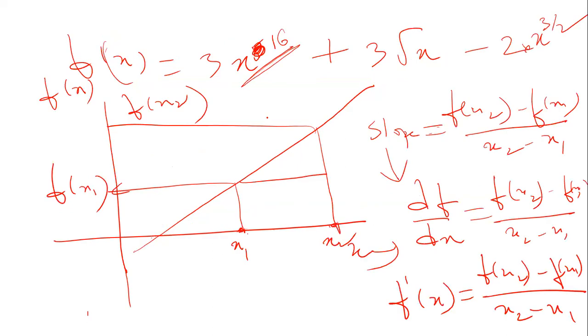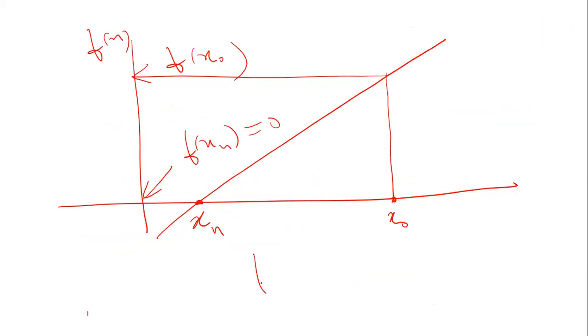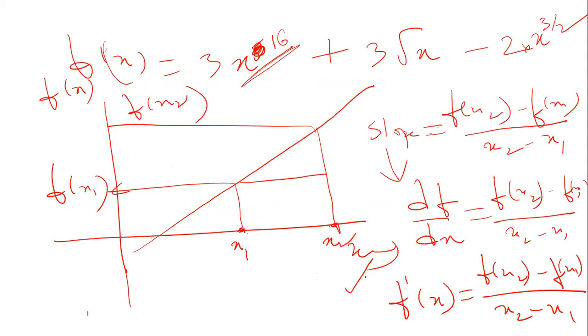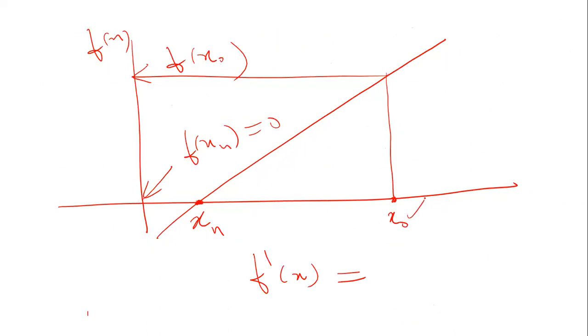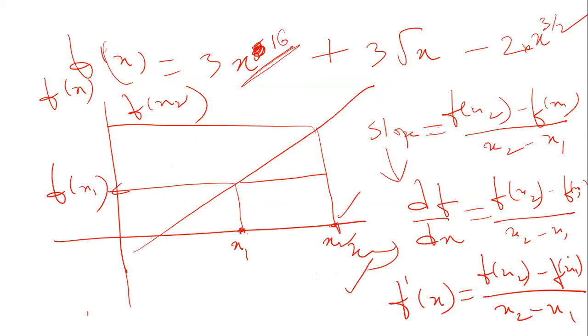Now if you use the same formula that we derived for these two points, f prime x will be equal to, see, f of x2 is this point here, so this point is your x0. F of x0 minus f of x1, the point closer to the 0 value.